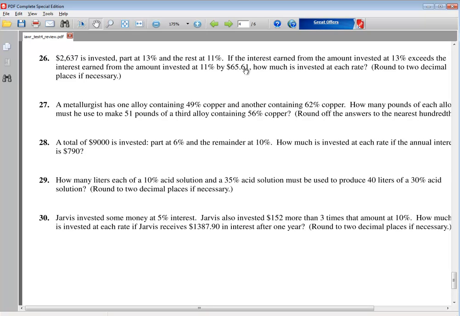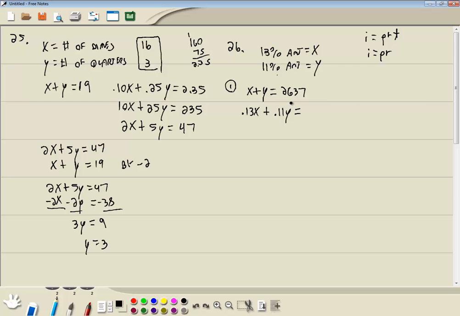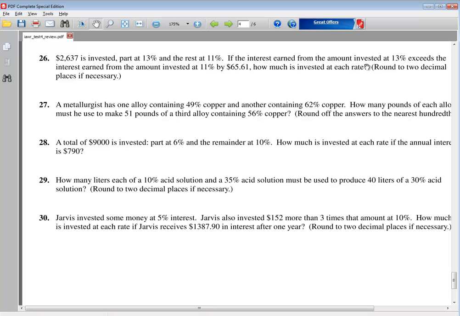It helps to actually read the problem. Try it again. This is going to be a problem I'm going to mess up on, I guess. Okay. If the interest earned from the amount invested at 13% exceeds the interest earned from the amount invested at 11% by this amount.